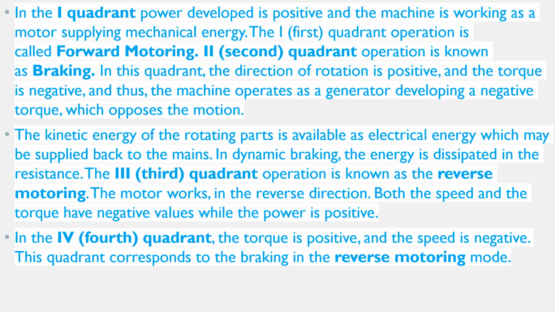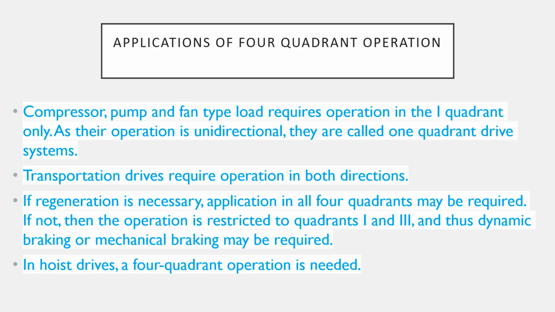There are two values in this four quadrant operation, that is speed and torque. With those two values varying, we get these four quadrants. The applications of these four quadrant operations are as follows. A compressor, a pump, and a fan type load require operation in the first quadrant only. As their operation is unidirectional, they are called one quadrant drive systems. Transportation drives require operation in both directions.